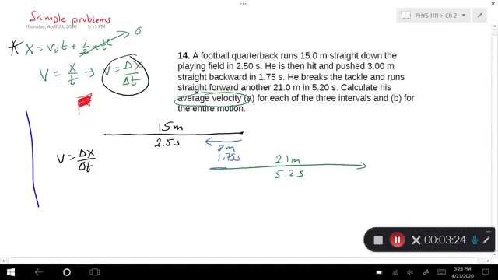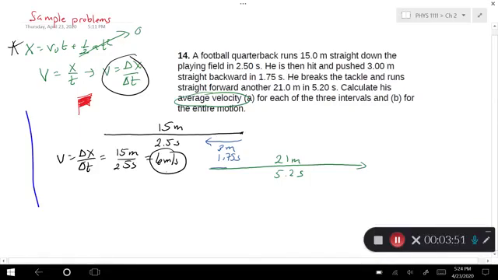So I'll color code this. It asks calculate the average velocity for each of the 3 intervals, and then for the entire motion. So let's look at the black interval here. I've already derived the equation, so I don't need to derive it for every step. If you're working on a problem that has multiple steps for an exam or something, if you derive the equation once, you don't need to look at it again.